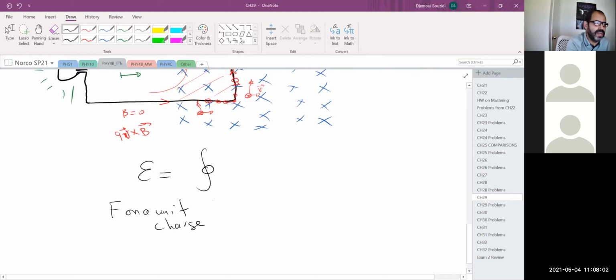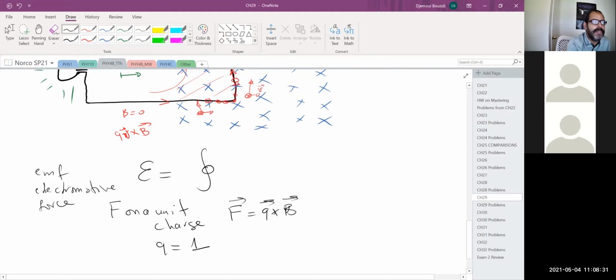So this is what the EMF is. This is the electromotive force. So what the electromotive force is, is how much energy a force on a unit charge does. So Q is equal to 1.